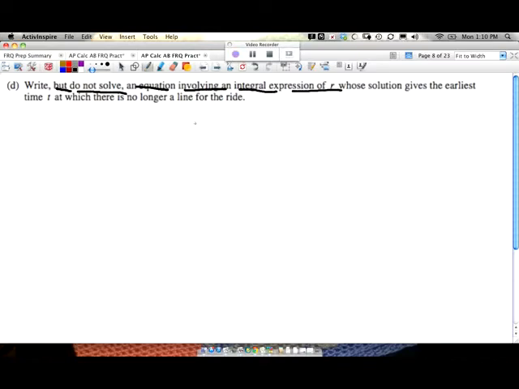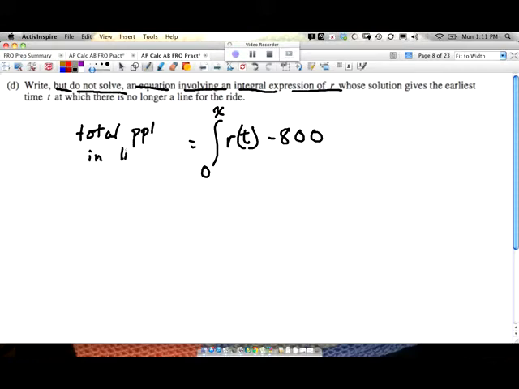We know that the integral from 0 to x of r of t minus 800 equals the total people in line. Now, fortunately, we know that this actually is equal to the initial value, we'll call it W of 0 minus W of x.